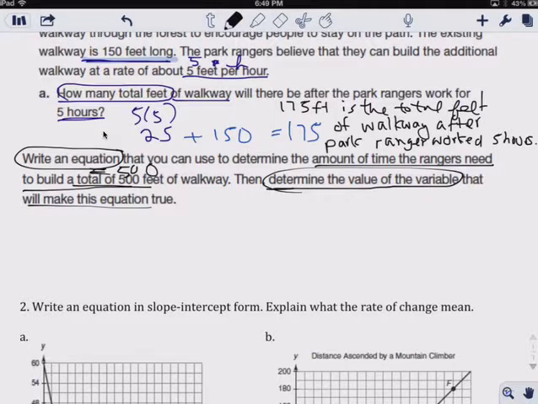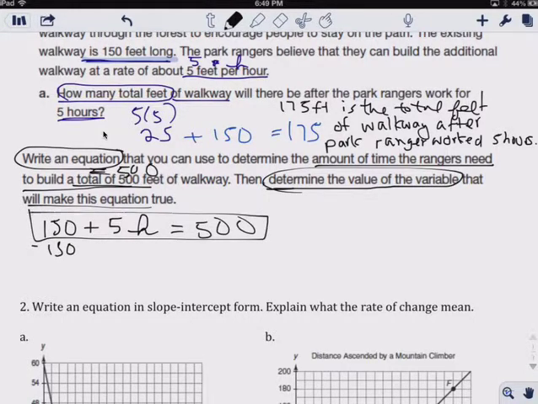Okay, so we know it equals 500 because they want a total walkway of 500. So we know that they already have 150 feet there plus 5 feet for however many hours they do to make 500. 500 minus 150. This is our equation. That's one answer to this question here.